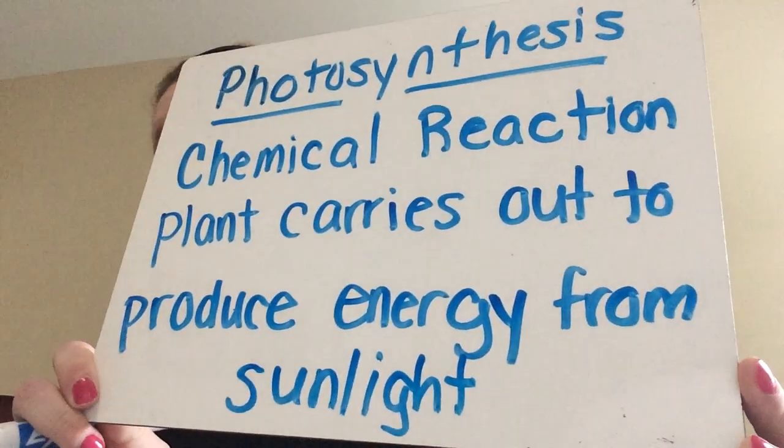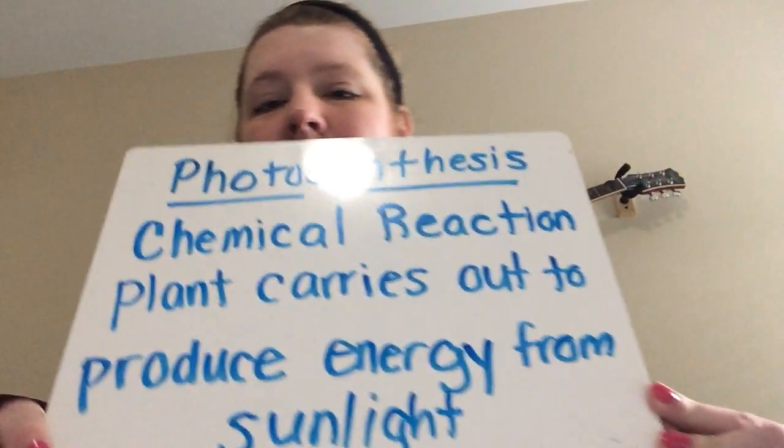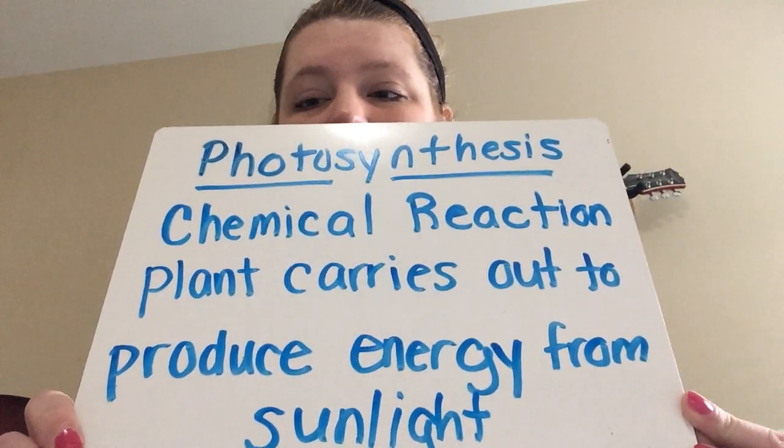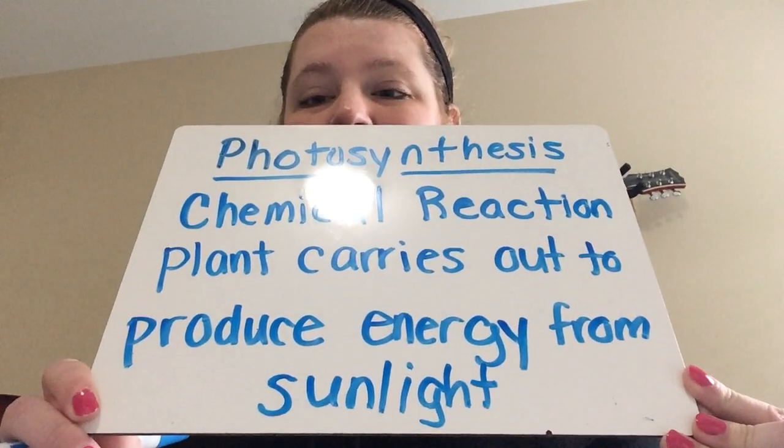Remember, produce means to make energy from sunlight. If you guys see that I misspelled anything, catch it, and those are lab points. Okay, chemical reaction, plant carries out to produce energy from sunlight.